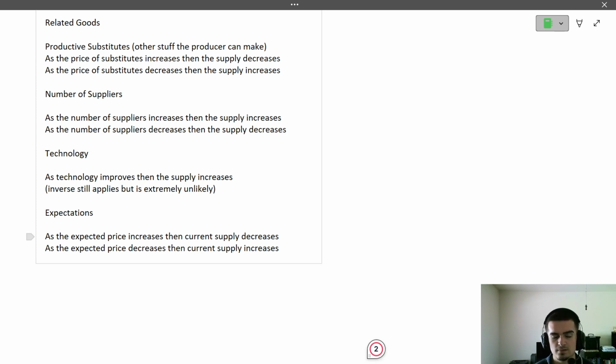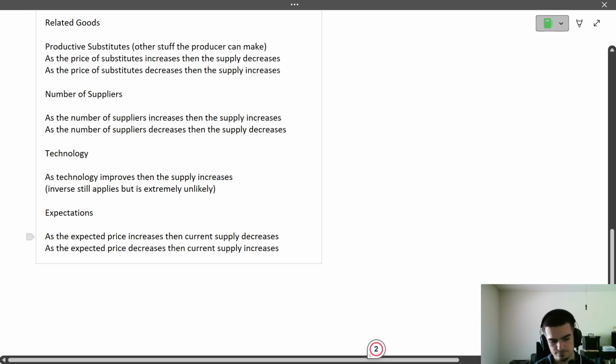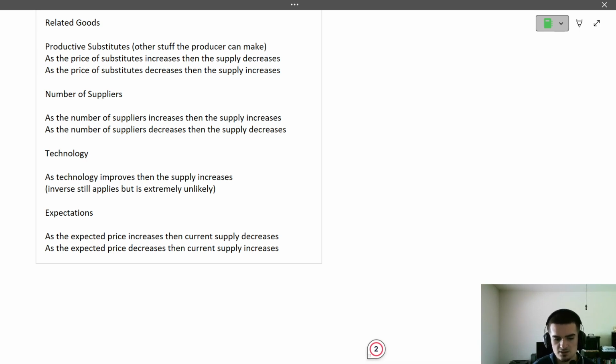So if you sell oil and you expect the price of oil to go up, then you'll cut your supply now so you can sell more oil whenever it's more expensive. And the inverse applies. As the expected price decreases, then current supply increases. If you expect oil prices to go down, then you may sell off all your oil now to get that higher price.